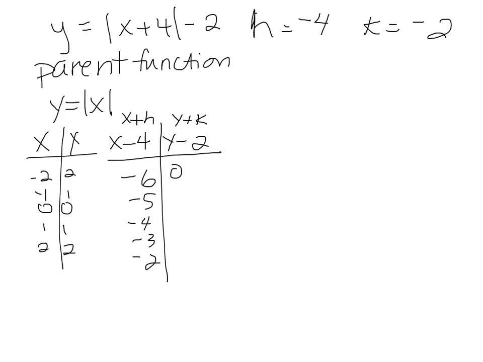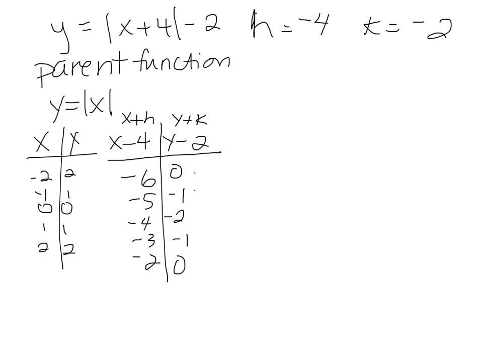We're going to get the next y, which is 1. Plug the 1 in here. 1 minus 2, -1. We're going to get the next y, which is 0. 0 minus 2, negative 2. 1 minus 2, negative 1. 2 minus 2, 0.